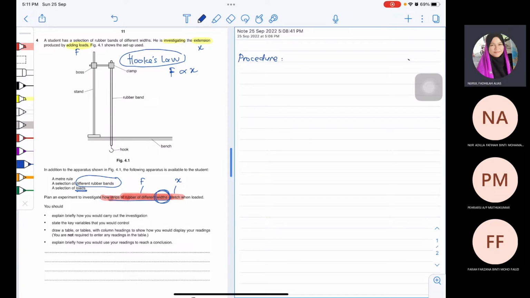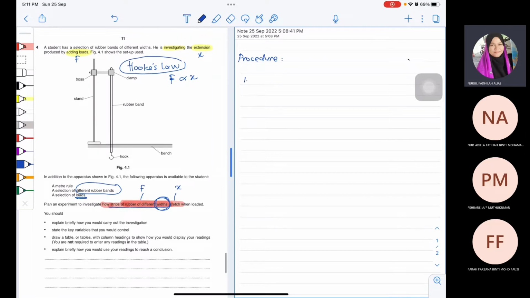The picture is already given, so you don't have to draw anything. Simple, because the diagram is given, so there's no need to change anything. Now, how to start? You don't have to write set up apparatus as shown and so on. That's all unimportant, wasting time. So now answer directly how you would carry out the investigation.